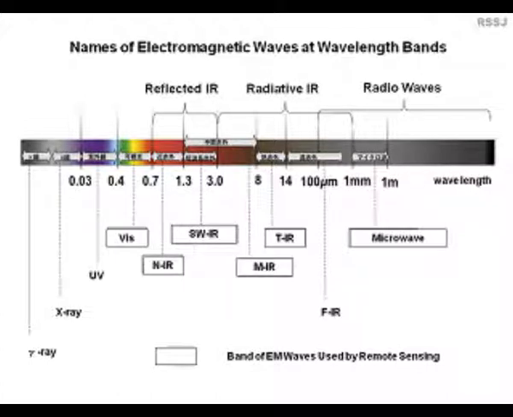This is the spectrum of electromagnetic waves. This horizontal line is the wavelength. Around here is the radio wave region, so maybe mobile phones are around here, I don't know.